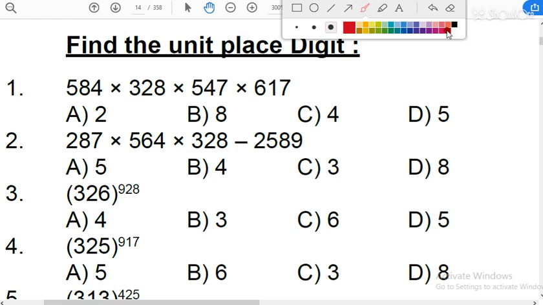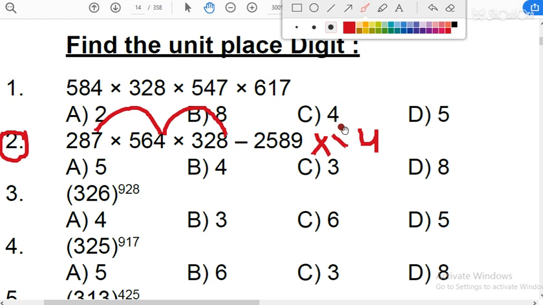Some questions are interesting. The second question is an interesting one. Here, 7 times 4 is 28. Unit place is 8. 8 times 8 is 64. So the unit place here is 4, and some digits are there, which I am writing as crosses.